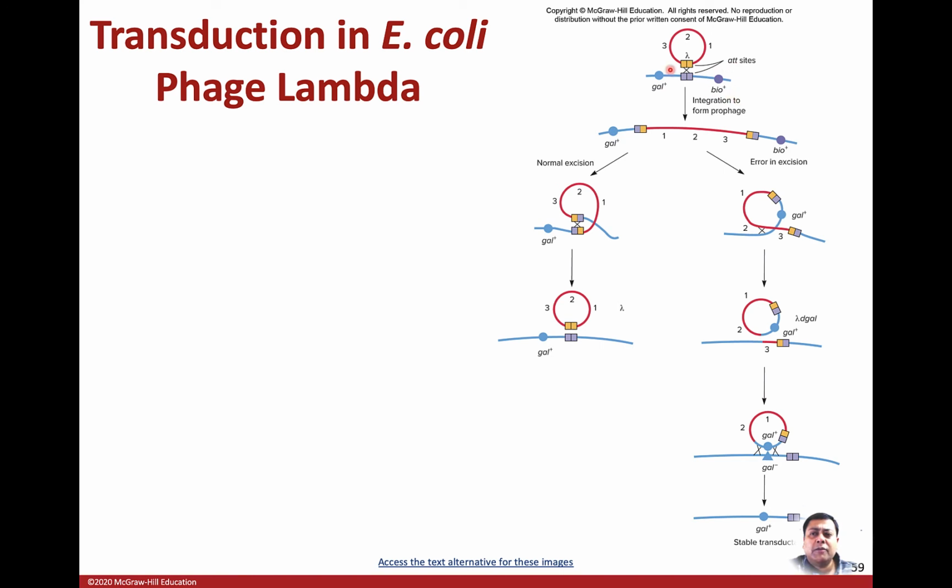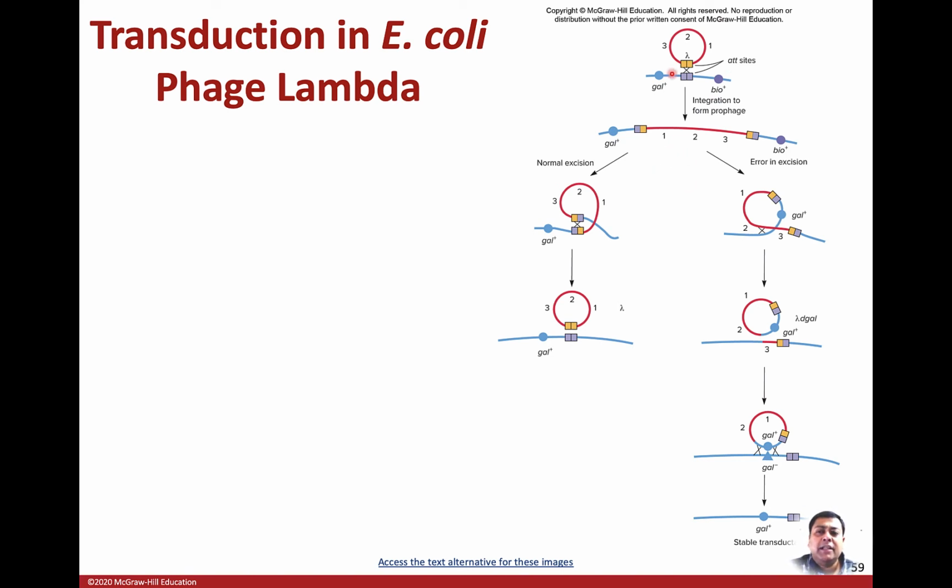So it can produce biotin and it can utilize galactose. So these two gal plus and bio plus sequences are flanked by att sequences. So by this recombination, the lambda phage can integrate itself. It can integrate by the homologous recombination in between this gal plus and bio sites. So this is an integrated prophage.